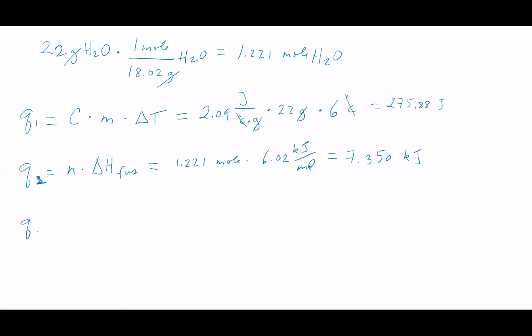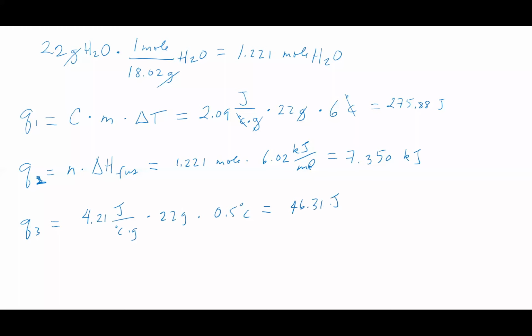Now we're going to calculate our Q3, which is equal to our heat capacity in the liquid state, which is 4.21 joules per degree Celsius per gram, another specific heat capacity. Here we use 22 grams and our half degree Celsius, and we would get 46.31 joules.